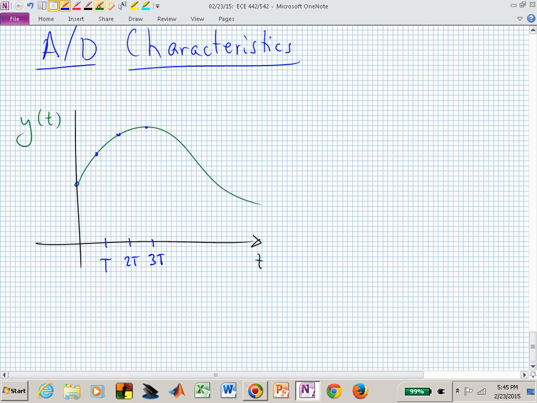If we go through this analog to digital conversion process, what are you going to see after processing this continuous time waveform through this sampler? What are you going to see on the right-hand side?